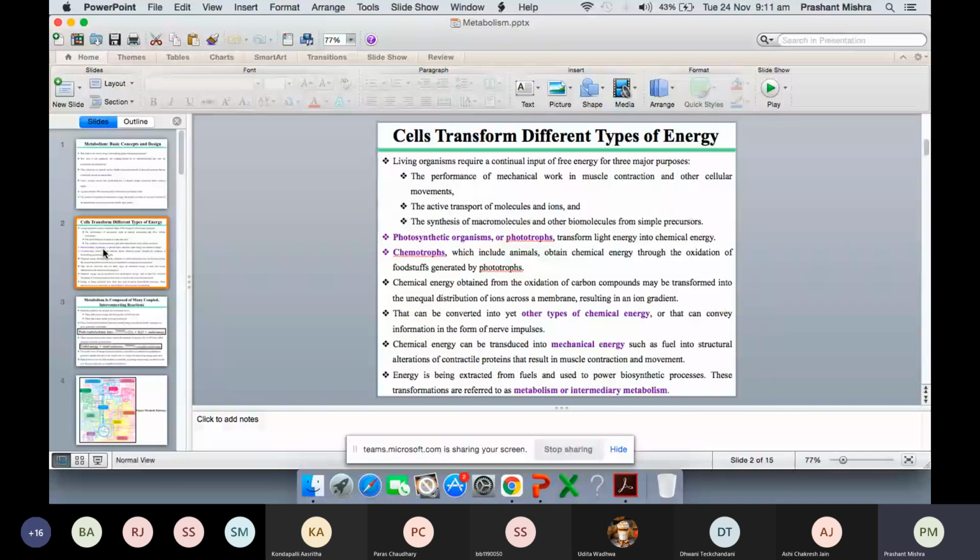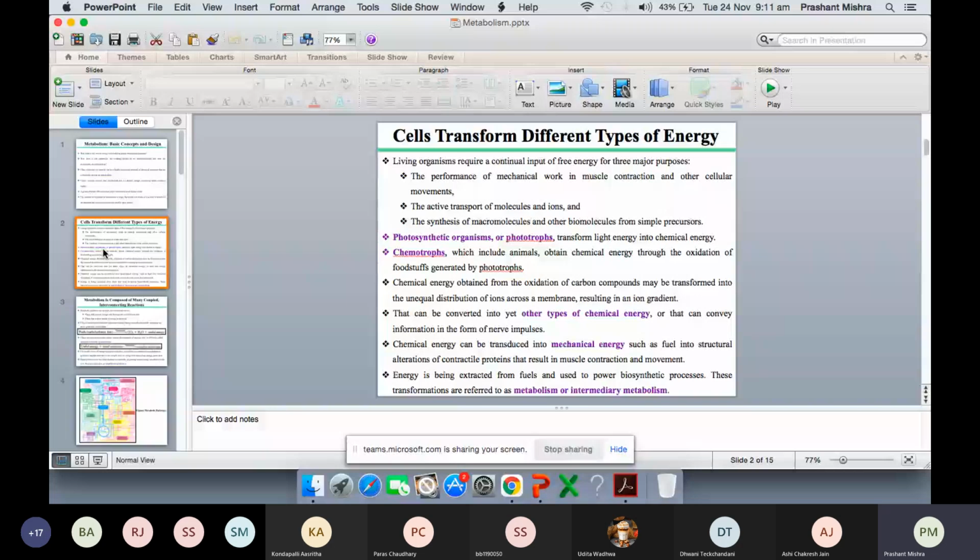And the third thing, which is the most important, is that they synthesize macromolecules and other biomolecules from simple precursors. That means you require energy when you synthesize protein starting from amino acids. You require energy when you synthesize carbohydrate, which is a polysaccharide, from monosaccharides. So that is where the energy is required.